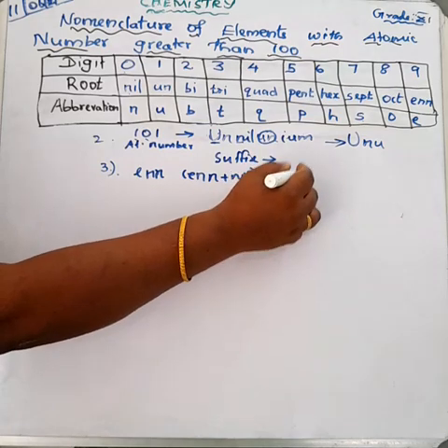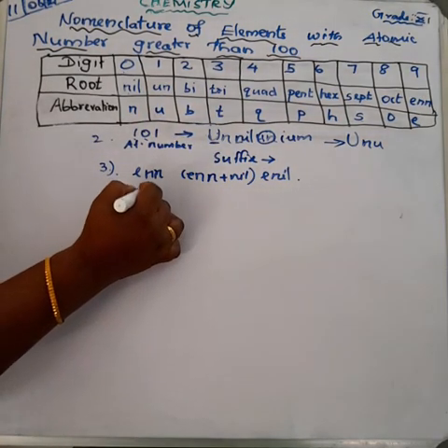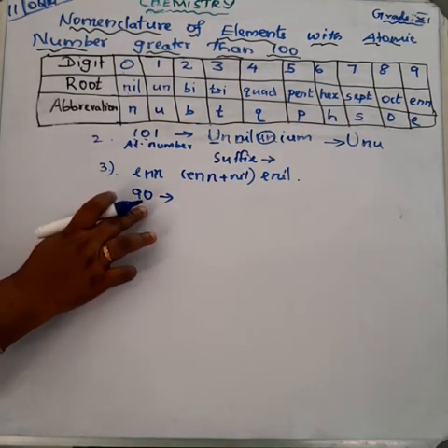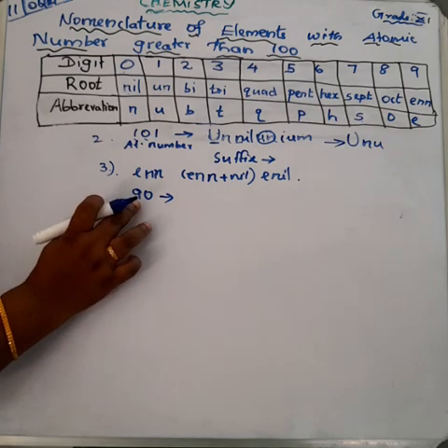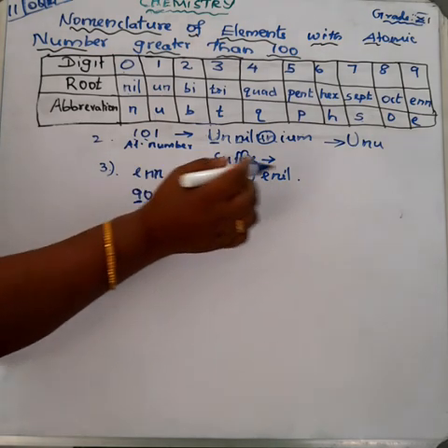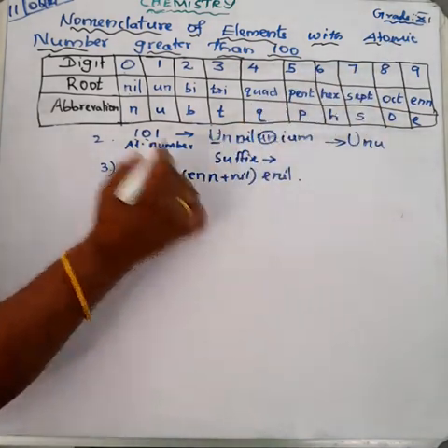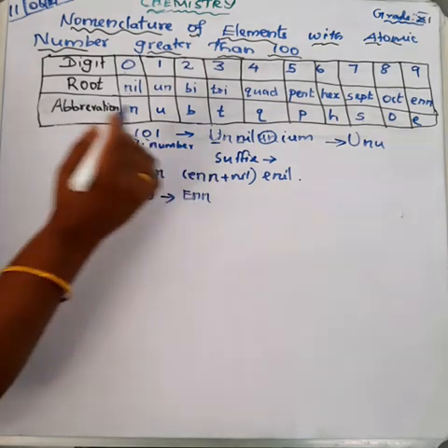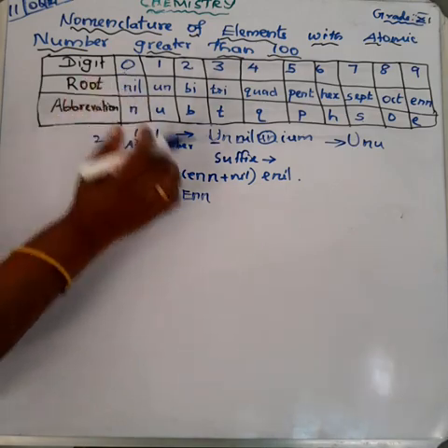Here, for example, I am taking the number 90. It is below 100, but only for the example I am taking now. 90 means, what is the numerical root for the digit 9? Enn. And 0 means, what is the numerical root? Nil.